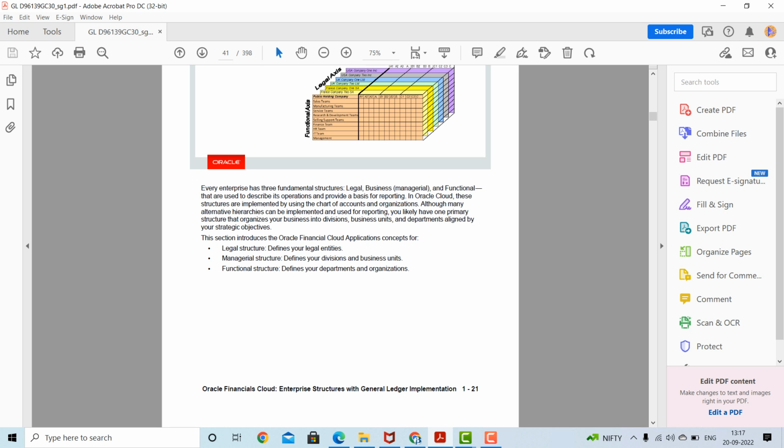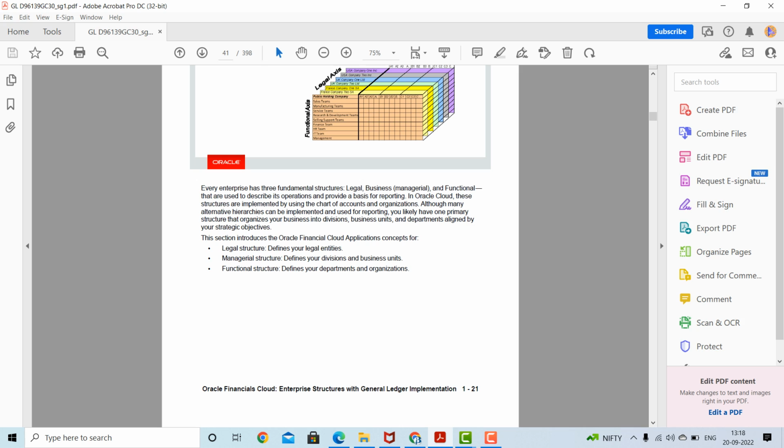Although many alternative hierarchies can be implemented and used for reporting, you likely have one primary structure that organizes your business into divisions, business units, and departments aligned by your strategic objectives.